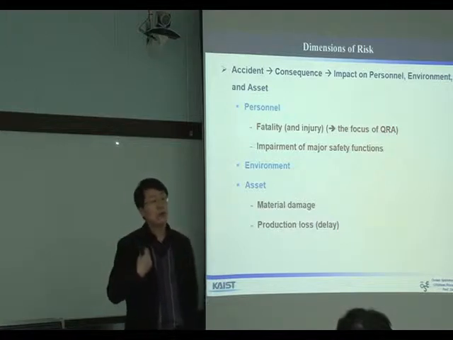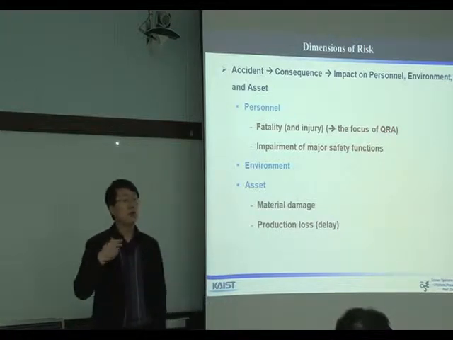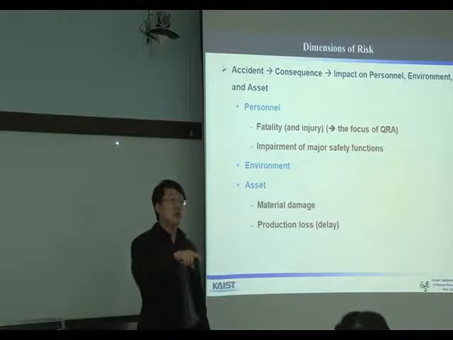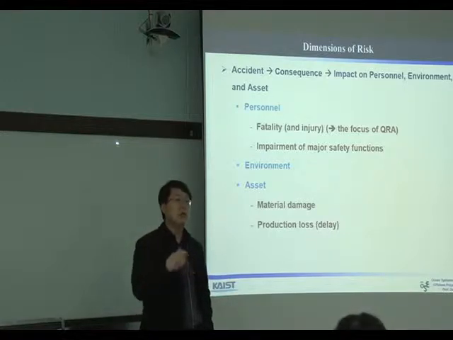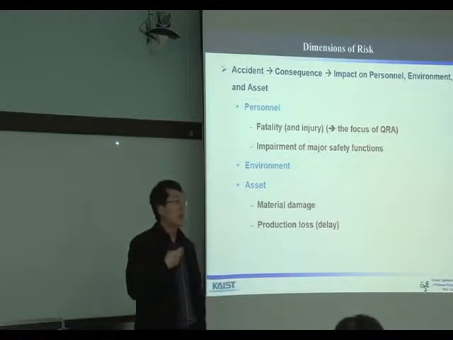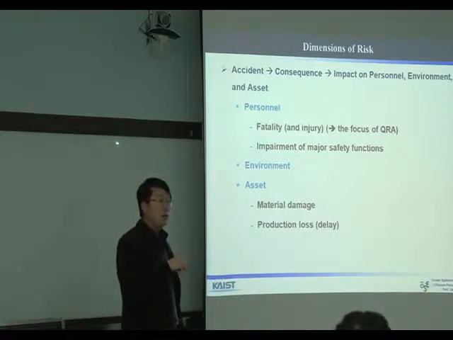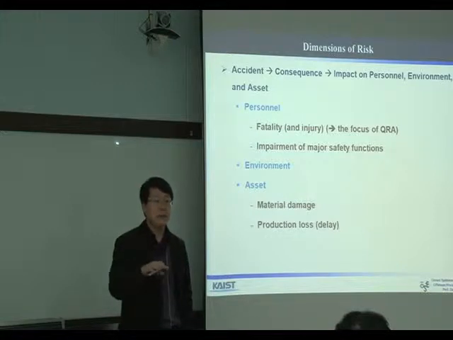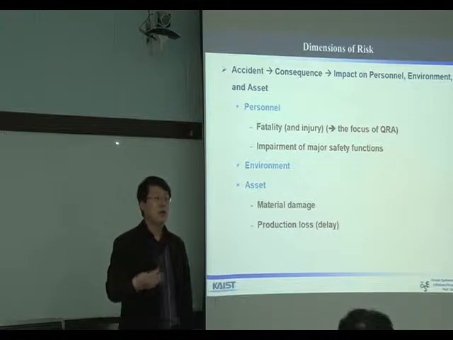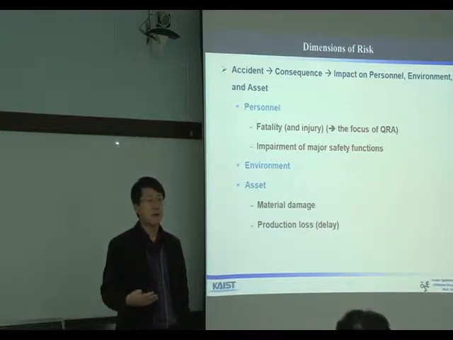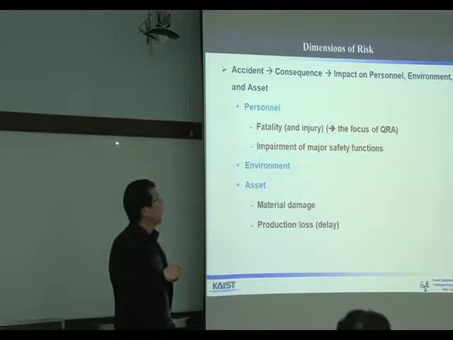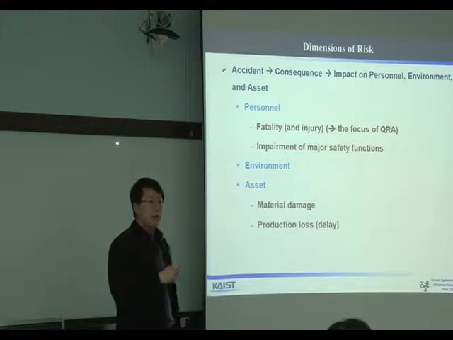So the crew can escape into that room, temporary refuge, to save their life. So impairment of those kind of critical safety facility means that we may have a lot of loss of crew lives. So this is the indirect way to measure the fatality.